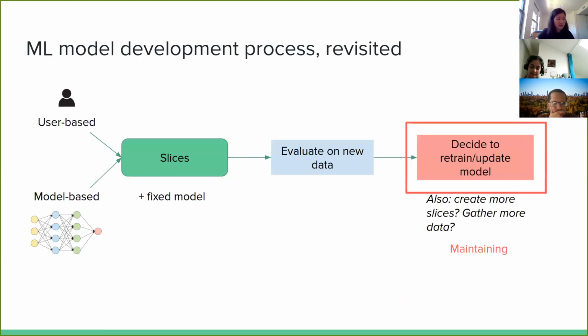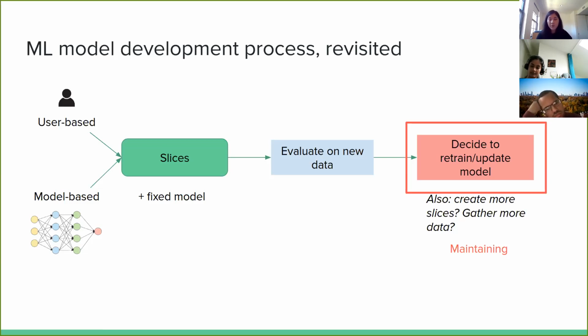And then the final step, once we've done our careful measurement on our data set and once we've done our monitoring on new data sets, is to figure out what to actively do to the model. So here I've listed some of the decisions we need to make. Do we want to update the model with new information?